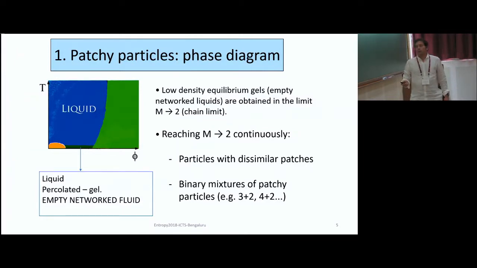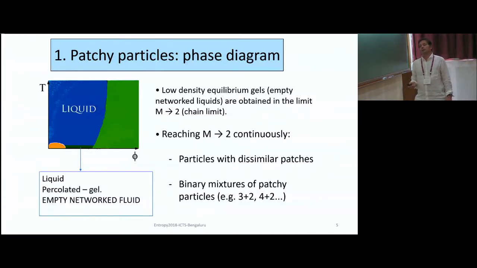So our idea was to change a little bit this model of patchy particles by considering that the particles can have dissimilar patches, so you have several types of bonds. And I will show you that we can really increase this region where you have empty network fluids if we do this. And then also the idea of making binary mixtures of patchy particles with 3 and 2 or 4 and 2 patches.